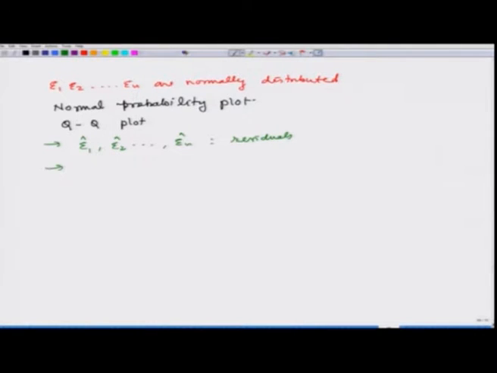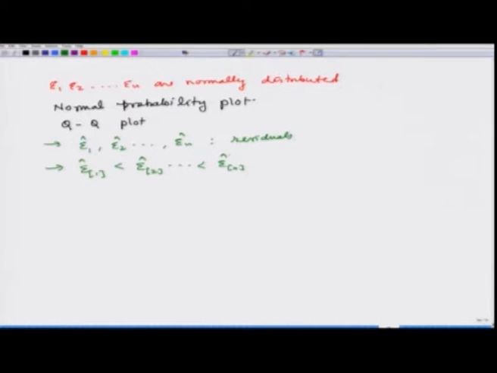In the second step, we order these residuals, and we denote them as epsilon hat [1], [2], [3], [4], up to [n] inside square brackets.